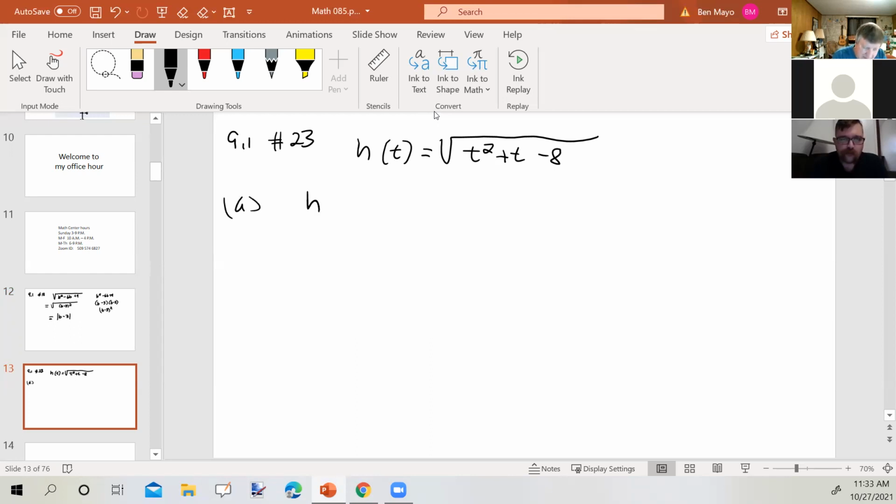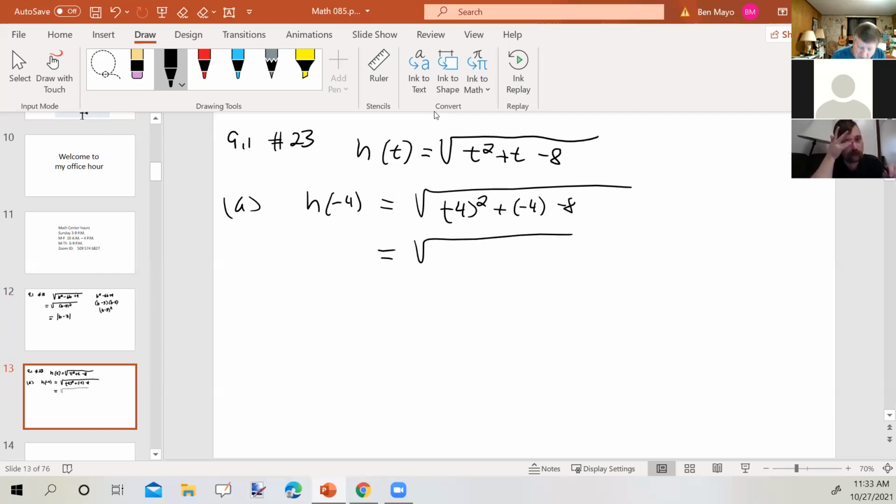Part A says h of negative 4, which would be negative 4 quantity squared plus negative 4 minus 8. Negative 4 times negative 4 is 16, plus negative 4 is 12, minus 8 is 4. So we get the square root of 4, which is 2. Okay, so that's the first answer.